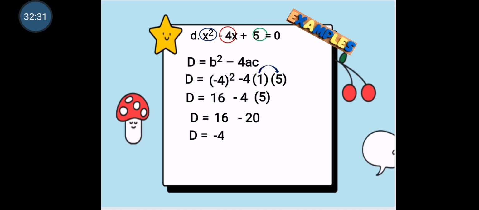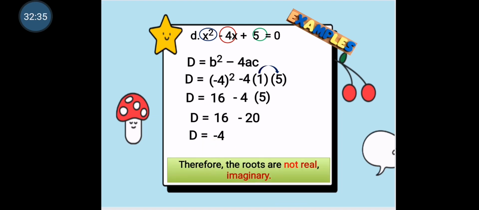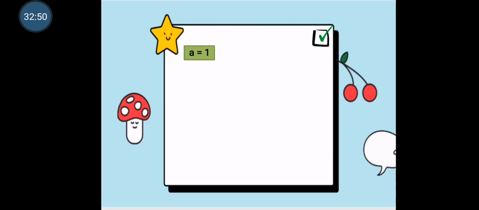Kasi, it is impossible to take away 20 from 16. Now, since the discriminant is less than 0, then the nature of the roots is not real and imaginary. Bakit naging not real? Ibig sabihin hindi totoo and imaginary. So, imaginary number. How come?